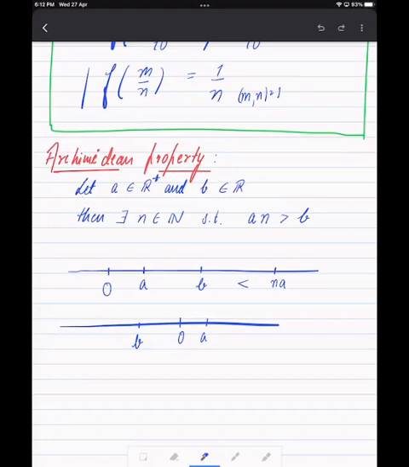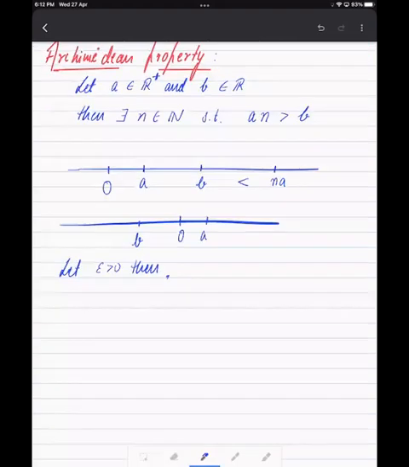The basic line that is always there in a proof: let epsilon be greater than 0, then there exists an n belonging to natural numbers such that 1 by n is less than epsilon. I'm telling you this line uses the Archimedean property. You tell me what is A, B, n here. Maybe an n here. n will be a natural number.